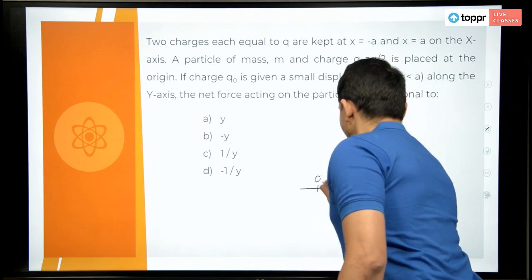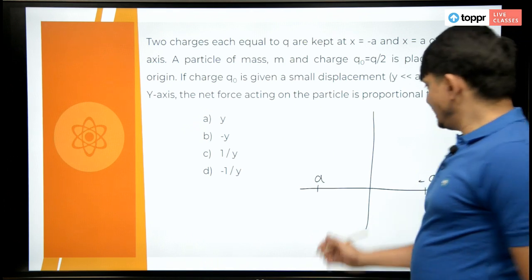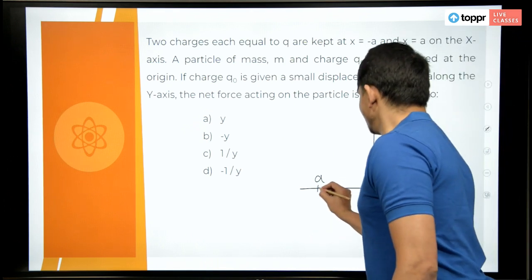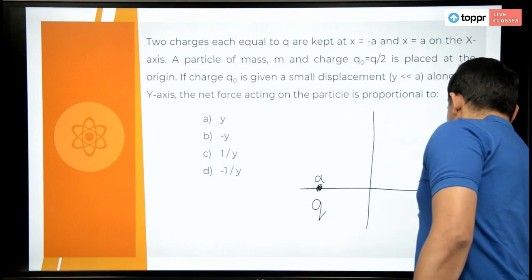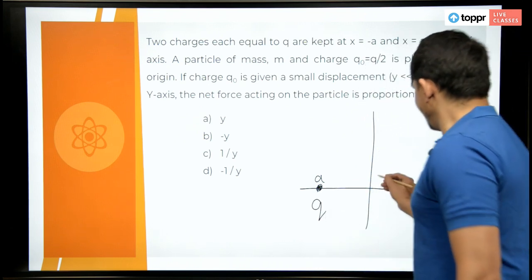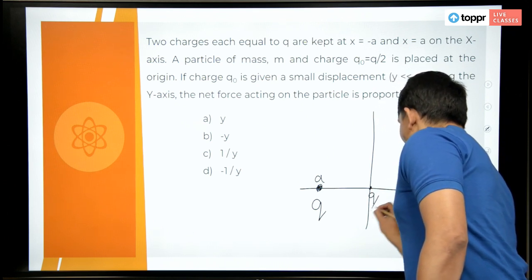This is point A on the x axis, this is point minus A, and here there is a charge Q. Here's another charge Q. Here's another charge Q by 2.